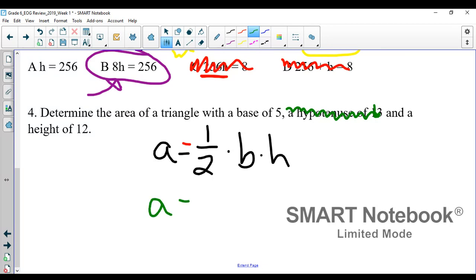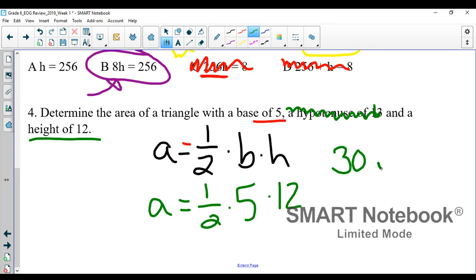So all we have to do is area equals 1/2 times the base, which is 5, times the height, which is 12. If you had a calculator, you type in 0.5 times 5 times 12, or 5 times 12 is 60, half of 60 is 30. So this triangle would have an area of 30 square units.